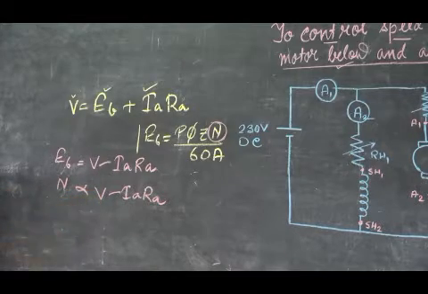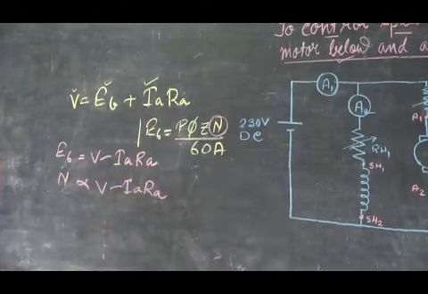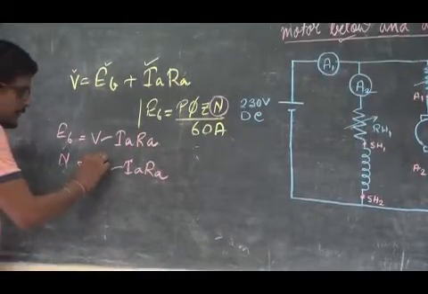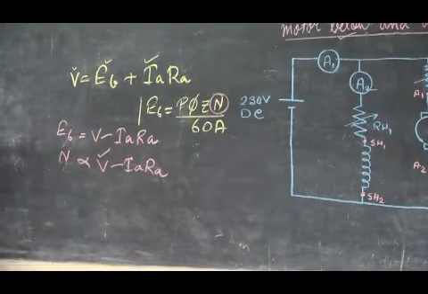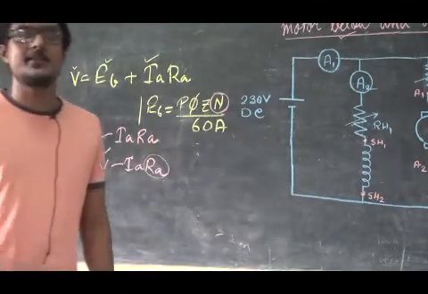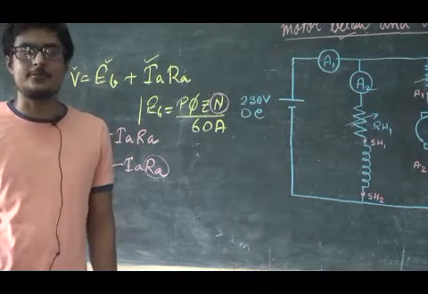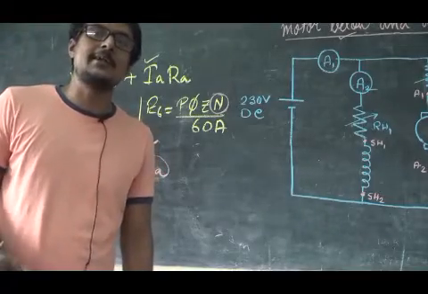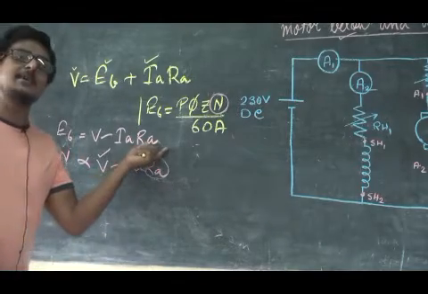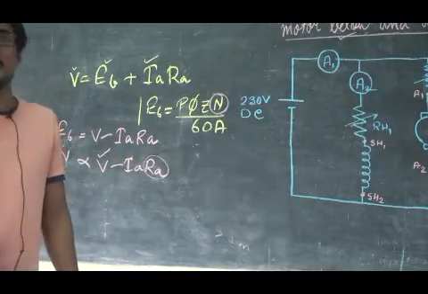V is the supply voltage across the motor, IA is the armature current and RA is the resistance of the armature. In this case, we can keep the supply voltage constant and vary the resistance of the armature. We also know that the armature resistance is a property of the armature winding inside the motor. So to vary the resistance, we need to connect additional resistance, which means you cannot reduce the armature resistance to 0, but you can take it to a value higher than what has been predefined.